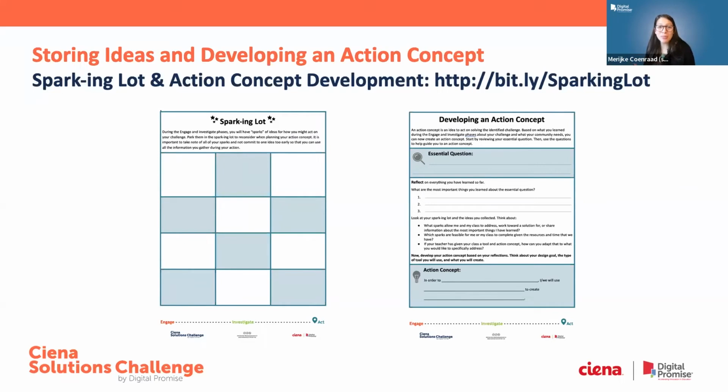And so we've developed a sparking lot for these sparks or ideas so that students can take the idea, write it down and park it there so that later they can compare it based on the evidence they gathered, what they learned in their engage and investigate phase, and see, is this a great idea for us to run with? This resource has both the sparking lot as well as a page guiding how to think through those sparks and turn them into an action concept.